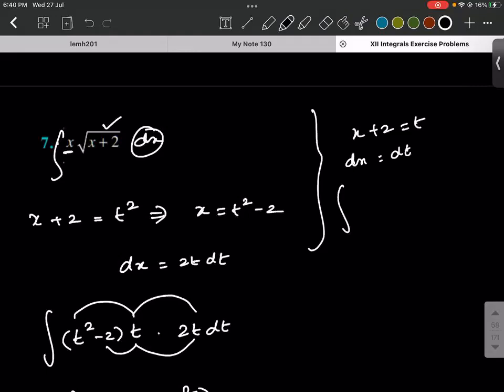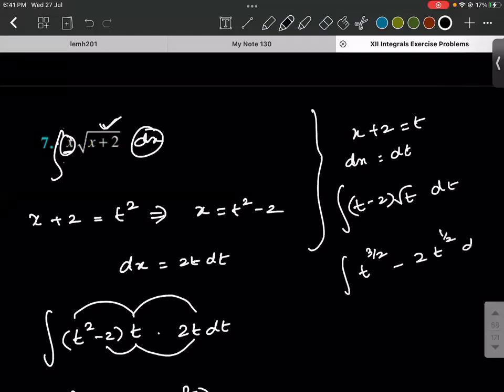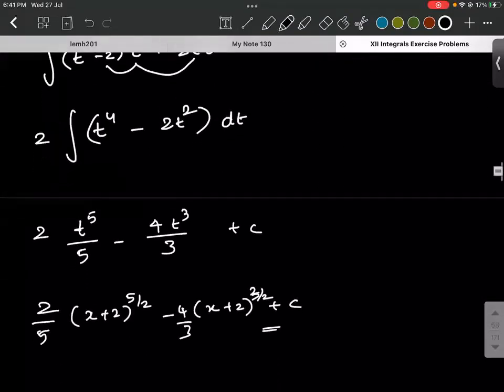So the whole integral would have changed: in the place of x, I will replace it with t minus 2. Root of x plus 2, I will write as root t. And in the place of dx, I'll write dt. So this will be t power 3 by 2 minus 2t power half times dt. If you want, you integrate this and you will get the same answer.